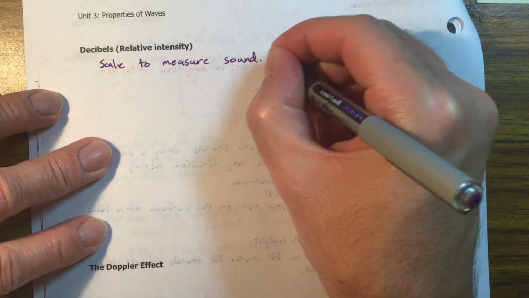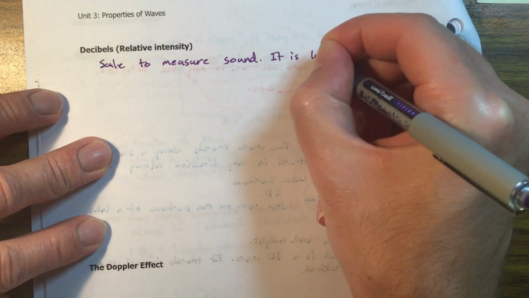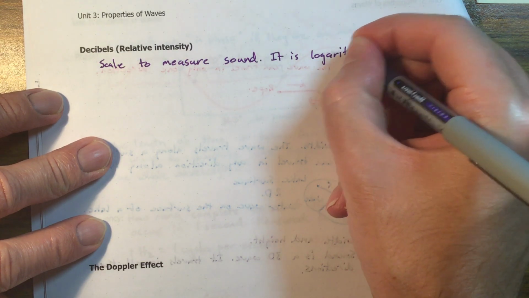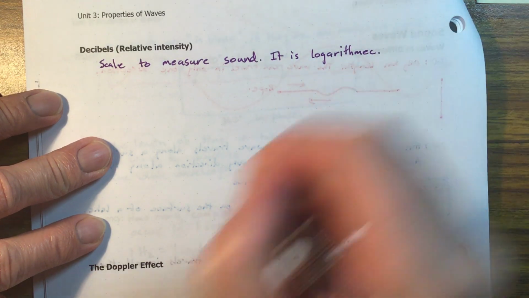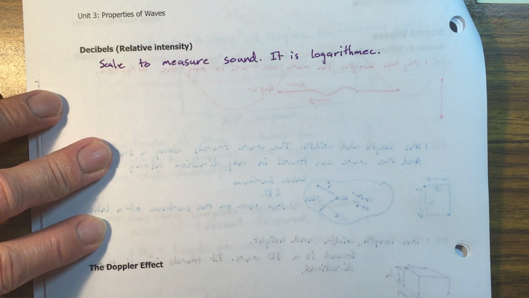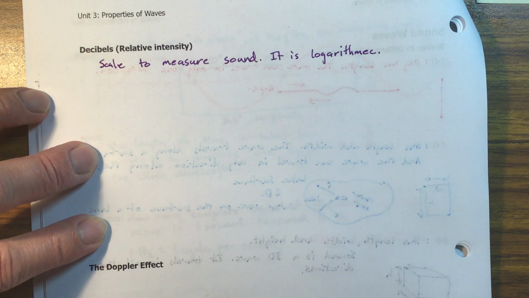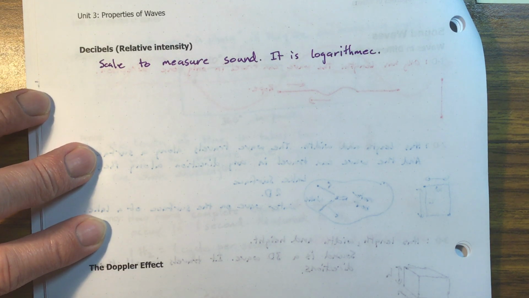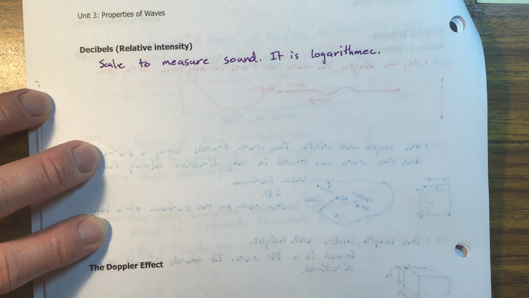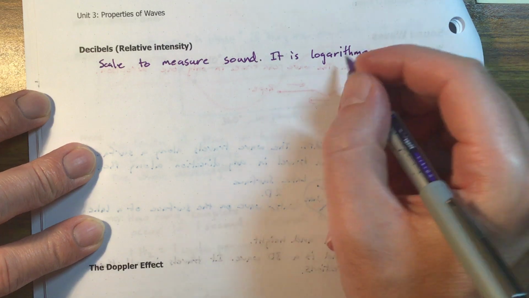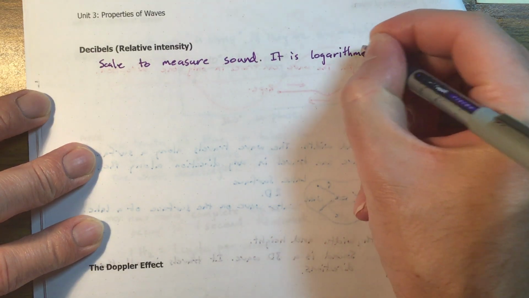It is logarithmic, which means it doesn't go up linearly. Because human ears have such a great wide variety of ability to sense different sound levels, a linear scale doesn't make any sense. So we get this logarithmic scale.